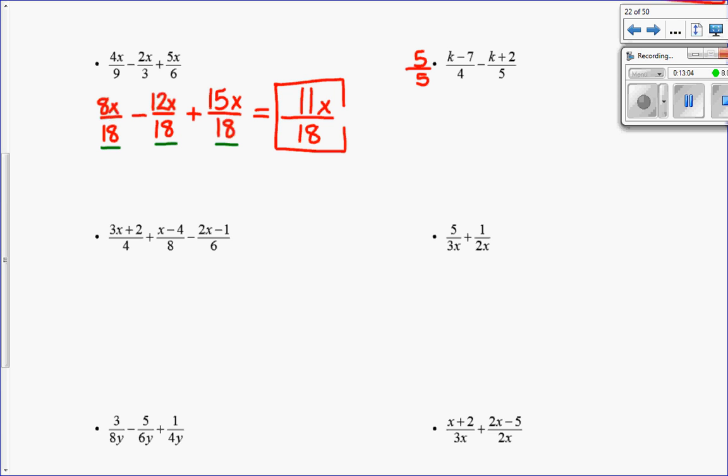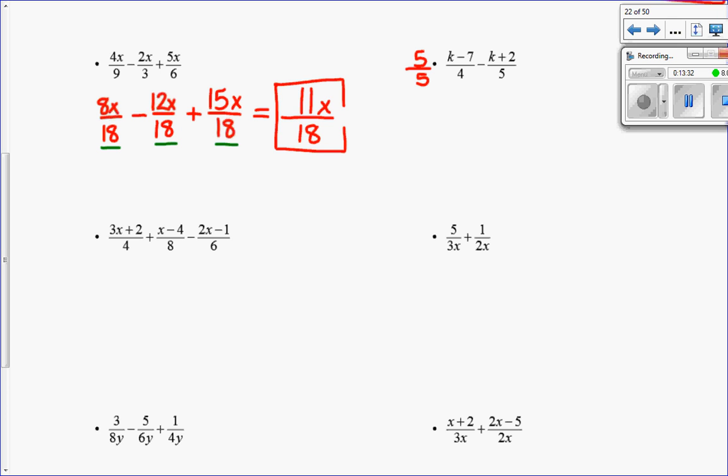Whenever you have the same number in the numerator and the denominator, it's equal to 1. So when I'm multiplying this side of the equation by 1, I'm really not changing the value of that equation at all, right? I'm just multiplying it by 1. It's just that this 1 just happens to be the numbers that I need in order to make a common denominator of 20, right? 4 times 5 will give me 20.